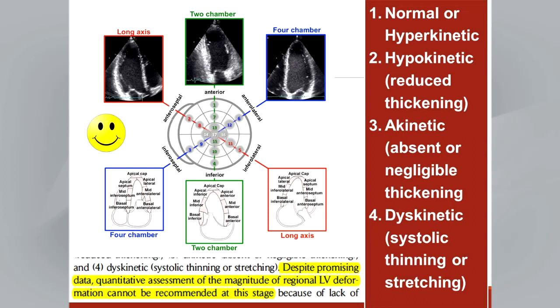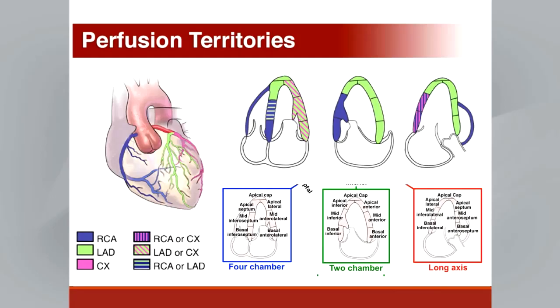And when we look at wall motion for wall stress, we are now just giving a 4-point score: 1 being normal or hyperkinetic, 2 hypokinetic, 3 akinetic, and 4 dyskinetic. We're taking away the number 5 for aneurysms, because an aneurysm is a focal distended systolic thickening that has a dyskinetic motion pattern. So we are eliminating number 5.